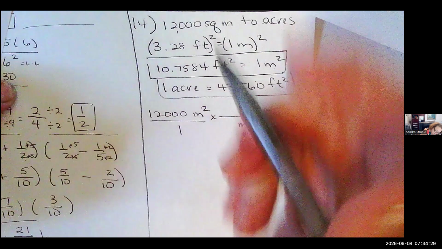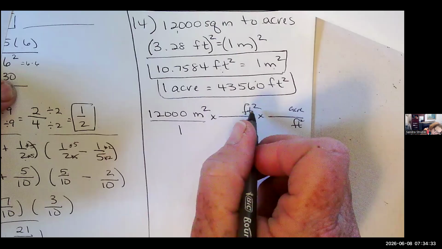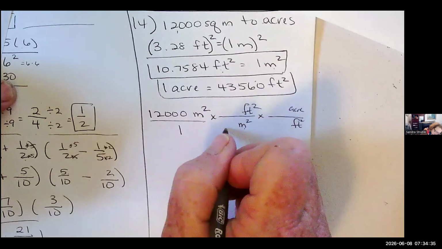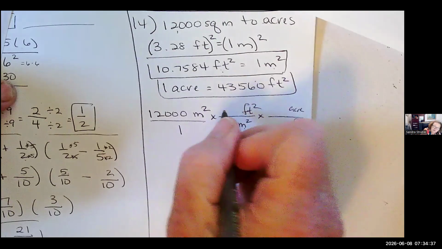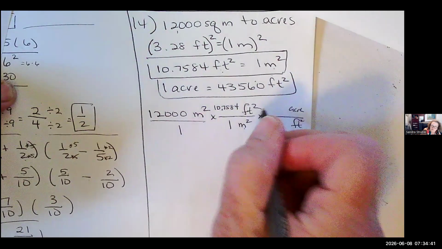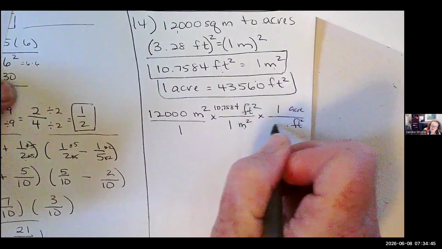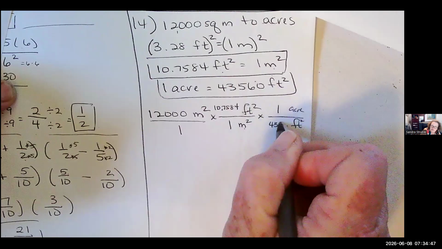So for this one, meters squared and feet squared, it's 1 for meter squared and 10.7584 for feet squared. And then for feet squared and acre, 1 acre is 43,560. Remember, you multiply straight across.